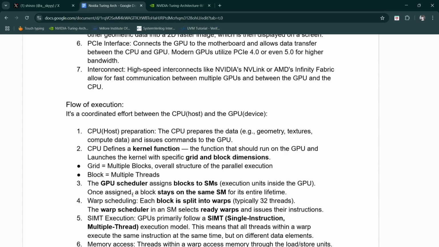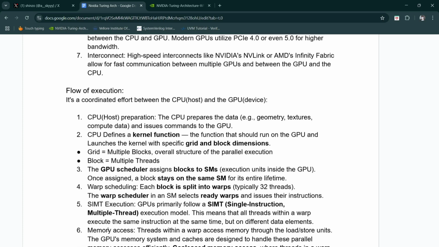What is a grid? A grid refers to multiple blocks, that is the overall structure of the parallel execution, and a block is multiple threads. Multiple threads are also known as a warp, but then a collection of warps is known as a block.